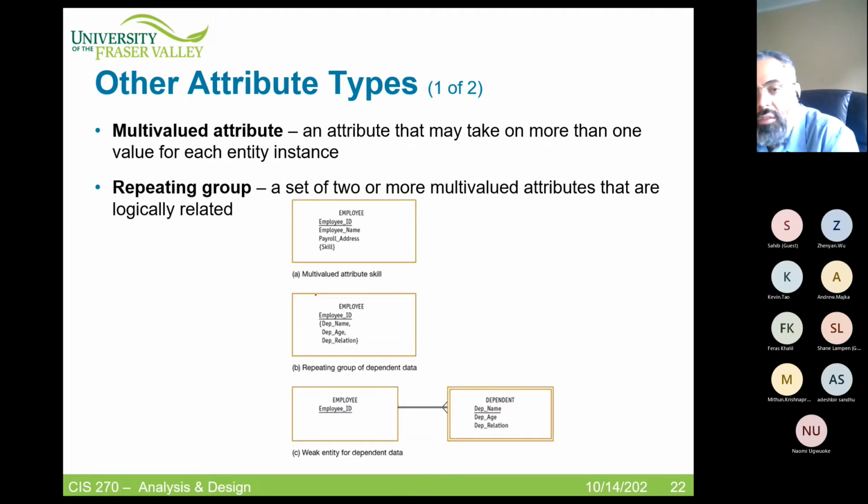Address will have a street name, city, postcode, house number. As an employee table, you will have an address, but this address has different sub-attributes. Later, maybe you are going to create an entity type for this address. We will do it at the design level. At the analysis level, we can say it is a composite attribute. It has different sub-attributes.